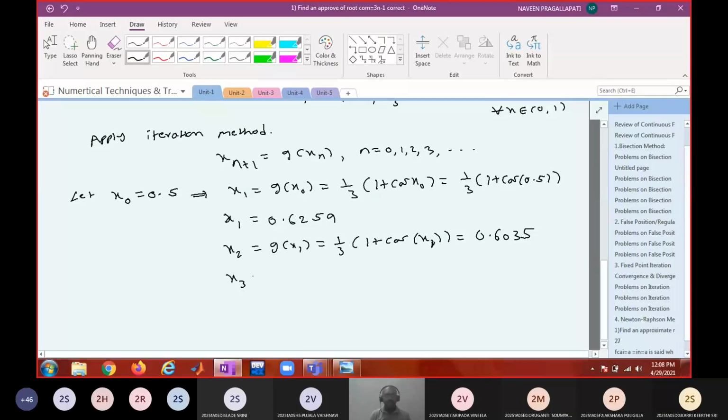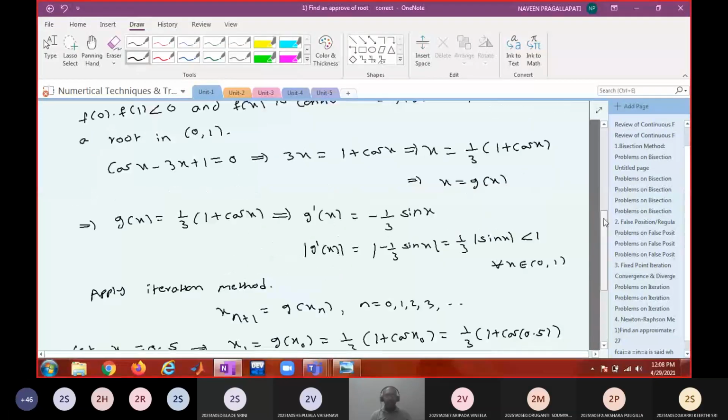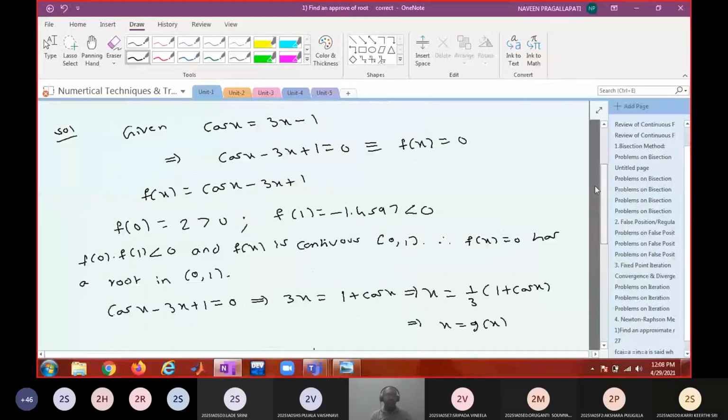Compute x3. 0.6078. So if you want 2 decimal places of accuracy, you can stop. But here in the question, you are asked to give the answer correct to 3 decimals. Therefore, proceed further.